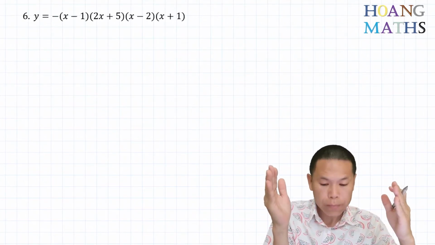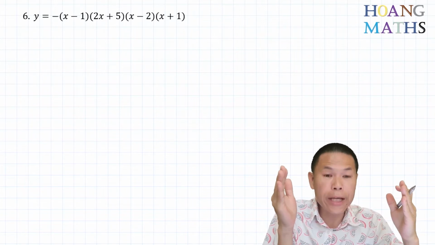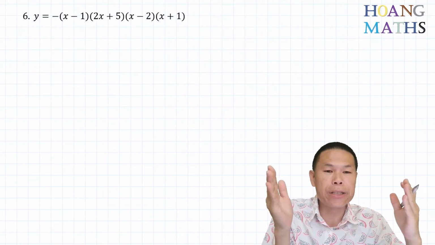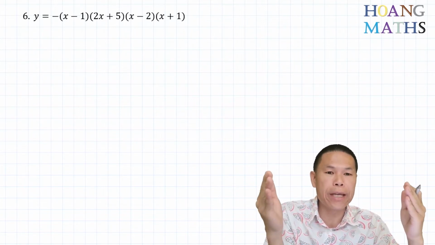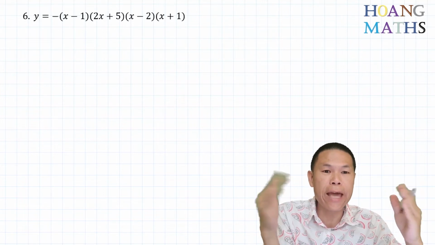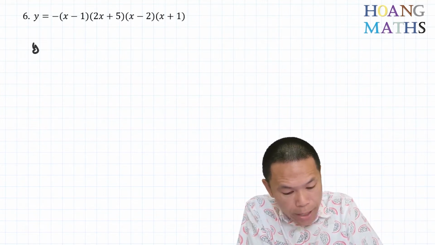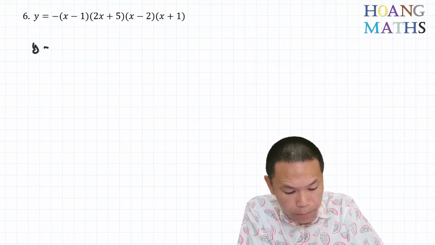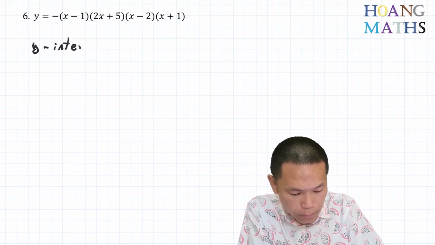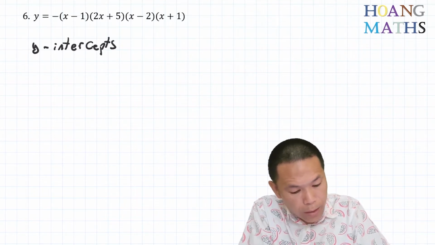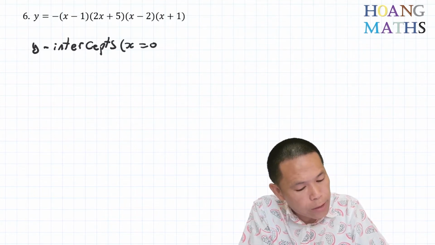Next one. So this one here, exactly the same manner. So we find the x-intercept, y-intercept, and then just follow the same process, okay? So the y-intercept is when x is equal to 0.